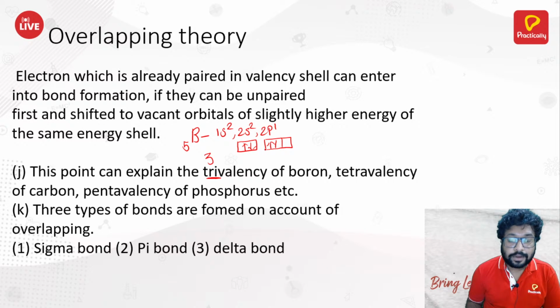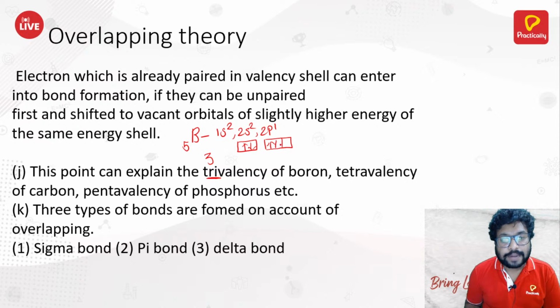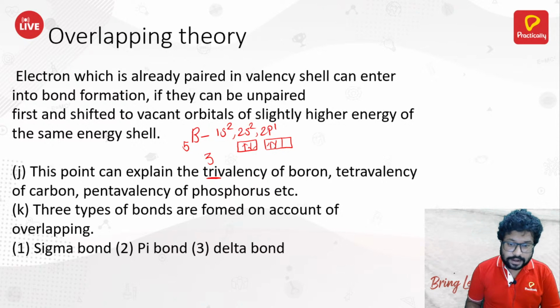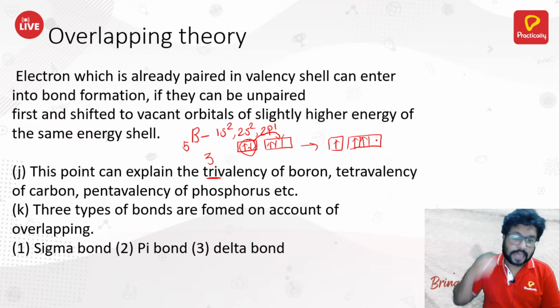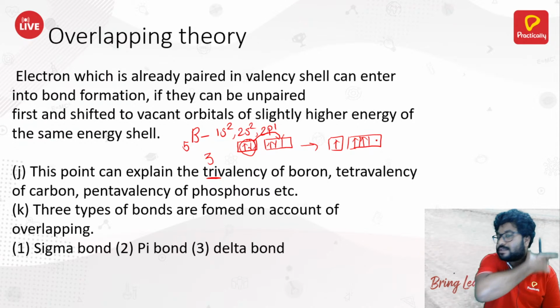It's 3. But you can see here, you got only one unpaired electron. That means valency of boron should have been 1. But we knew it is not 1, it's 3. So what happens? Again, this electron pair gets promoted here. And now you have 3 unpaired electrons. And that's how your valency of boron now becomes 3.